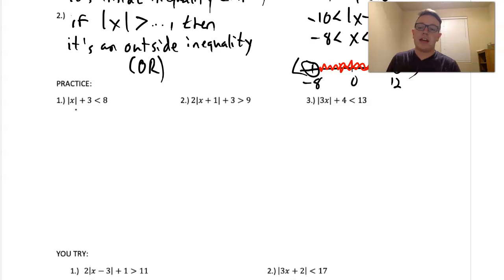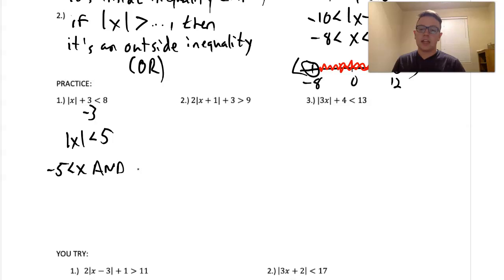For this one, we have absolute value of x plus 3 is less than 8. What are we going to do? We're going to subtract 3 from both sides. We get the absolute value of x is less than 5. Now we're going to need a positive and a negative 5 here. This is less than, meaning it's going to be inside, it's going to be interior, or an and inequality, meaning that we'll have negative 5 is going to be less than x, and x is going to be less than 5.